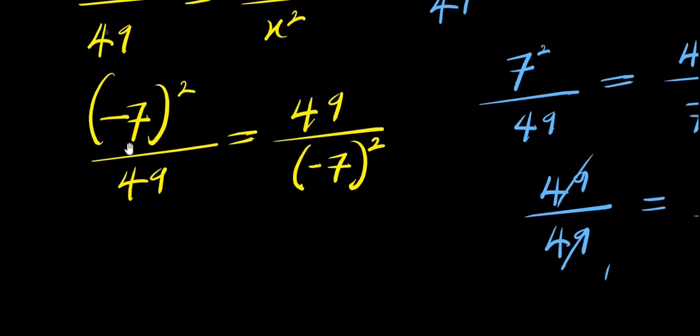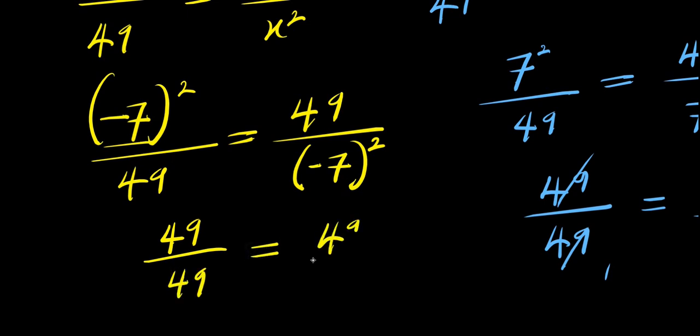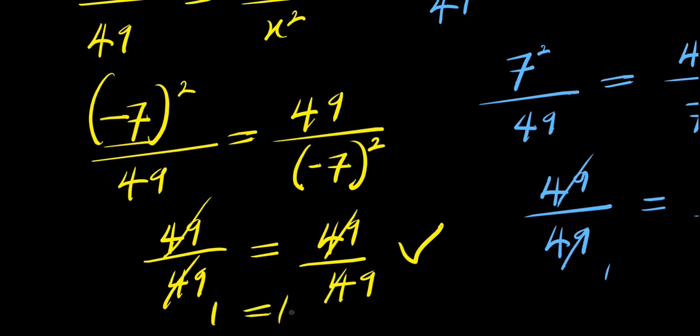So from here, -7 power 2 is 49, because negative power 2 is positive. So 49 divided by 49 equals 49 divided by 49 as well. This and this cancel out, this and this cancel out. That means 1 equals 1.